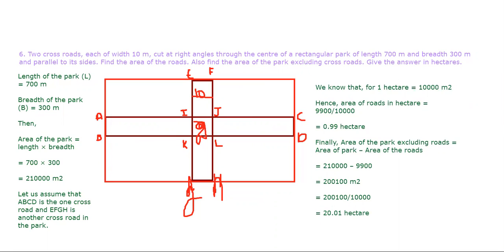So now the area of the road in hectares is 9,900 divided by 10,000, which is 0.99 hectare.